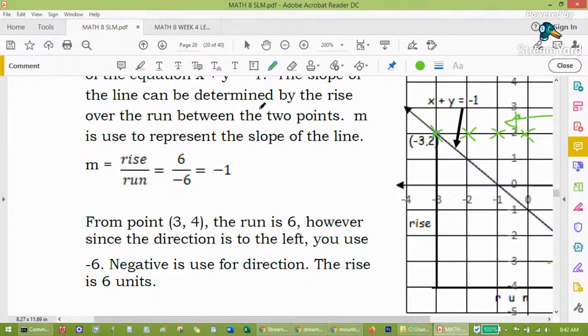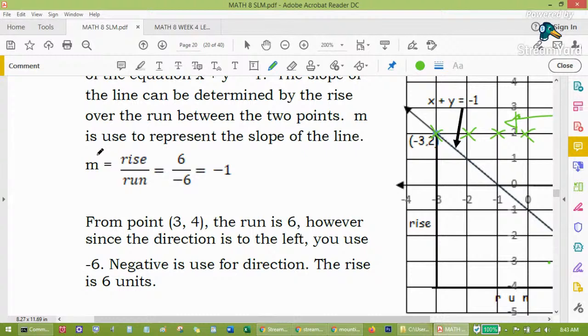Okay? So, pag dinivide natin to, 6 divided by 6 is 1. Bakit negative? Because nag-divide ka ng dalawang number na magkaiba ang sign. Yung nasa taas ay positive, and yung nasa baba is negative. So, therefore, the slope of x plus y is equal to negative 1 is equal to negative 1.